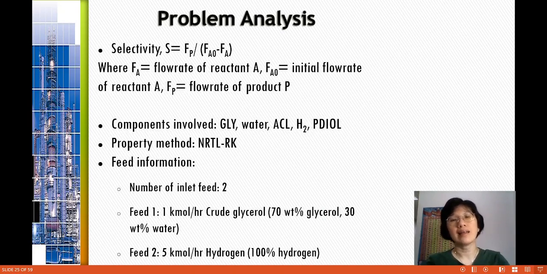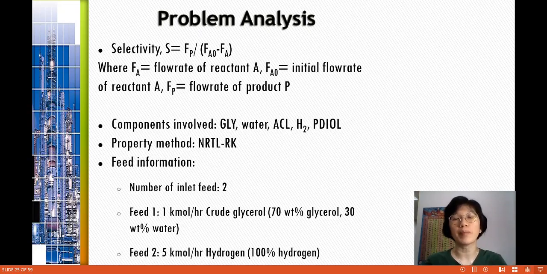Now, let's analyze exercise 3.2. Selectivity, just to revisit the equation, is actually the amount of product over the amount of reactant converted. That represents the term of selectivity.